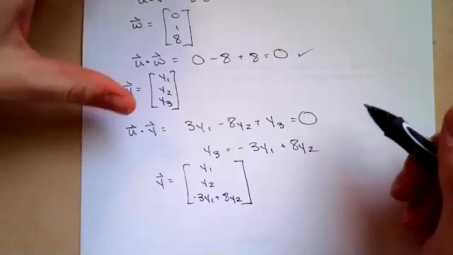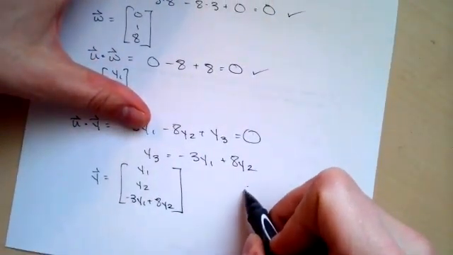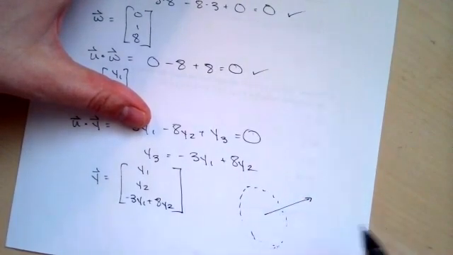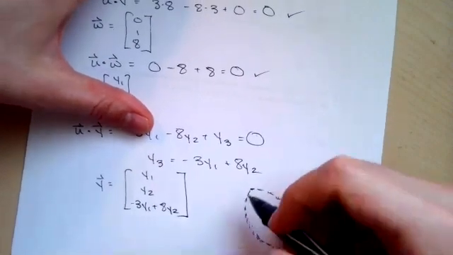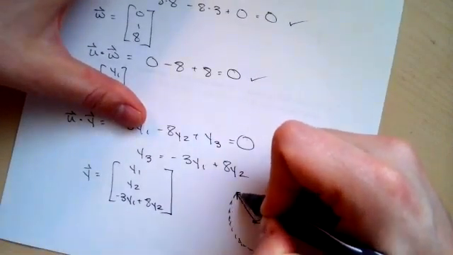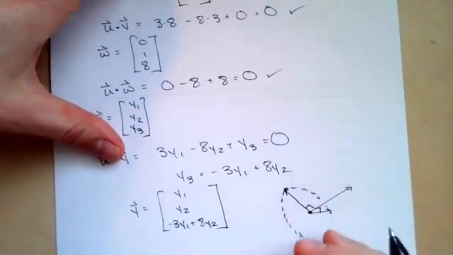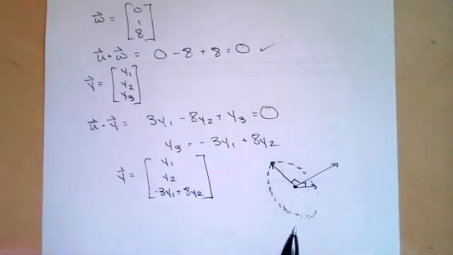And this is what we should expect, right? In 3 dimensions, if I have a vector, we should have an entire 2-dimensional object, namely a plane, that is orthogonal to this given vector. So we have a choice in 2 parameters as we rotate around that plane.